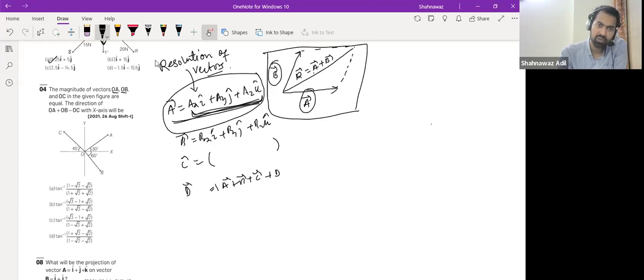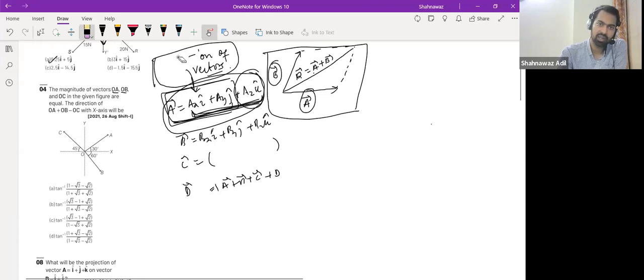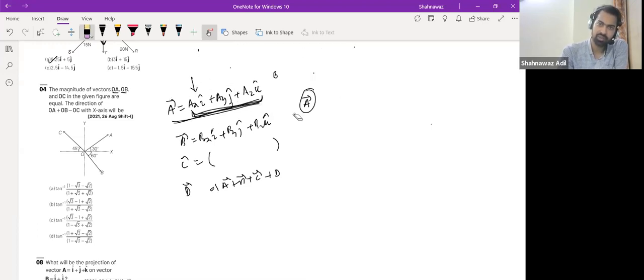Then we break the vector into parts. We have only x and y, so we will only break this vector into two parts. So now this is clear. Now let us use the resolution of vector concept and solve this problem.